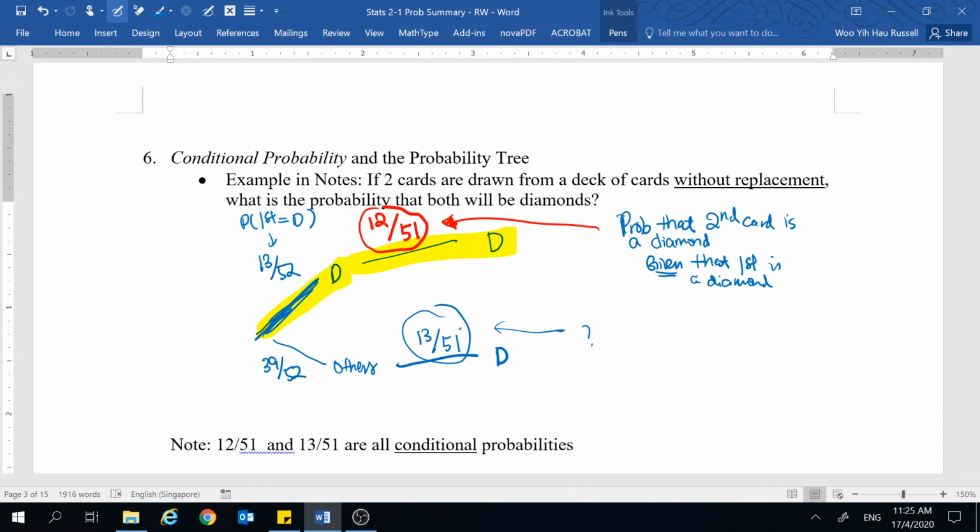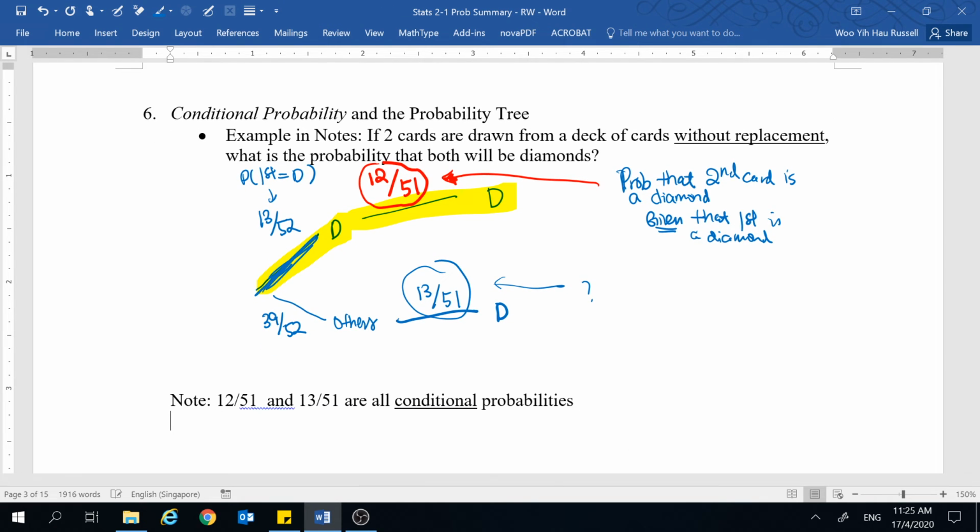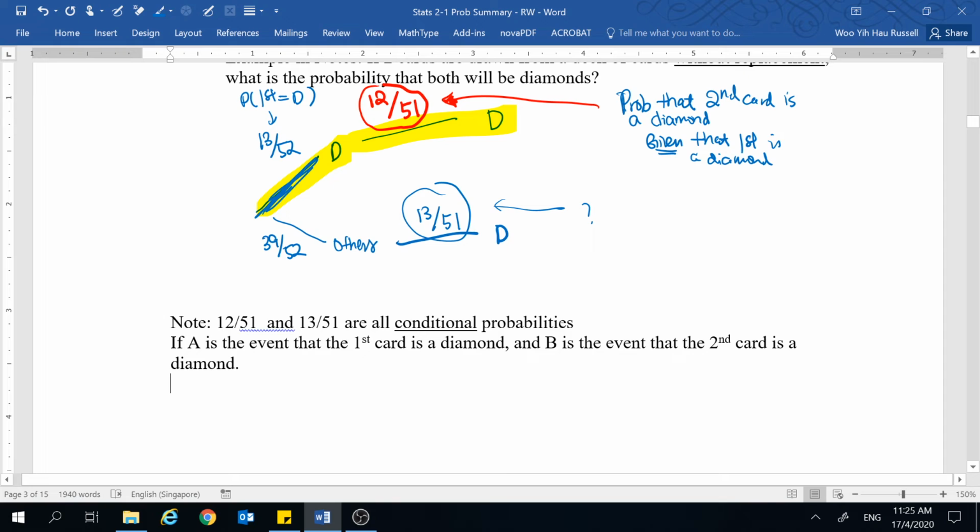So, if I were to term it like that, if A is the event that the first card is a diamond, and B is the event that the second card is a diamond, then 12 over 51 is actually probability B given A. This is the probability that B, the event that the second card is a diamond, happens.